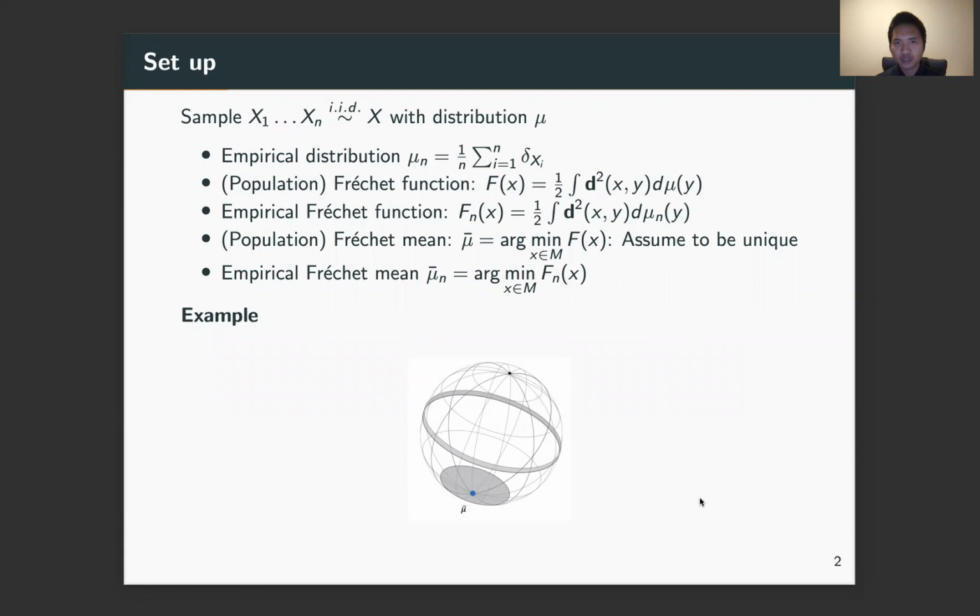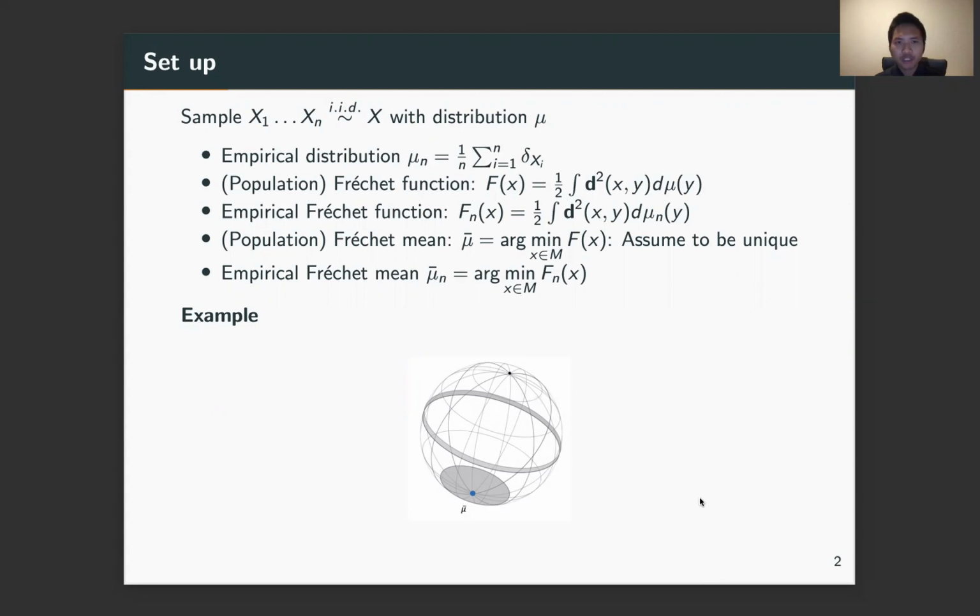A Fréchet function is an integral of 1/2 of the squared distance function from a point x. If the integral is against the distribution mu, then we call it the population Fréchet function, or just the Fréchet function. If the integral is against the empirical distribution, then we call it the empirical Fréchet function.